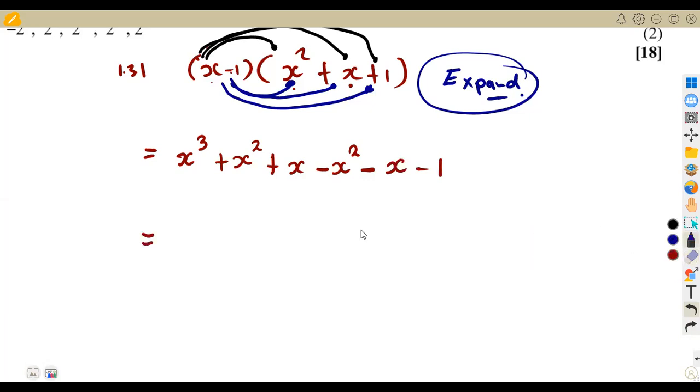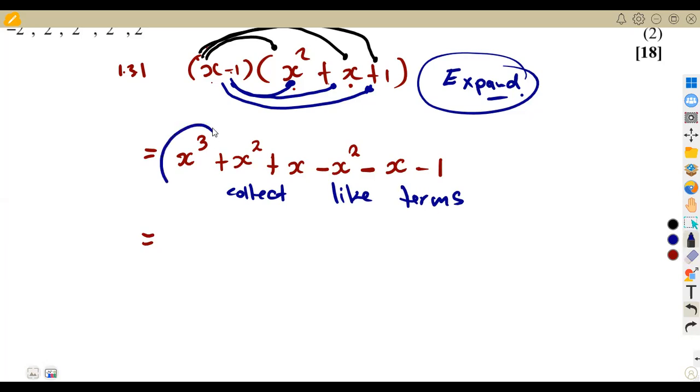Then you can collect your like terms at this stage. You are supposed to collect the like terms. So by collecting the like terms, you are now simplifying further. So remember, I told you that the like terms must have the same exponent. It's not about being just an x. No. It must have the same exponent also.